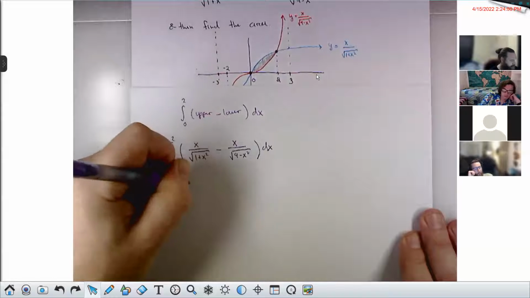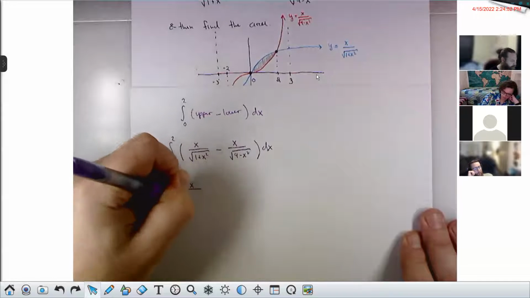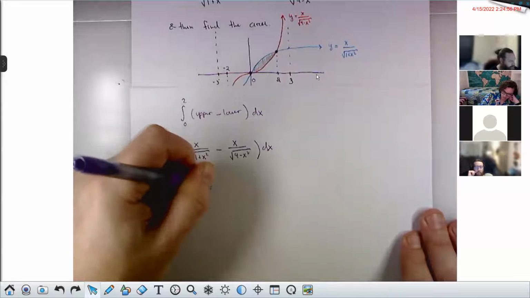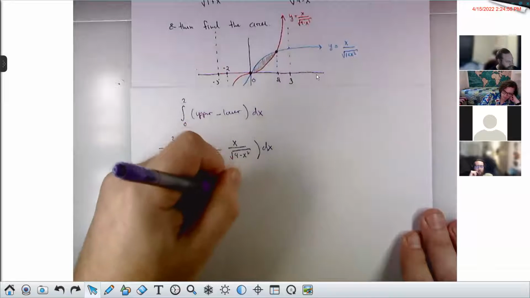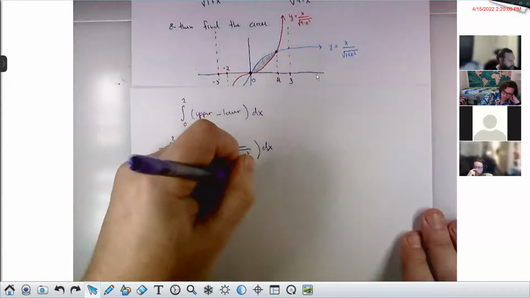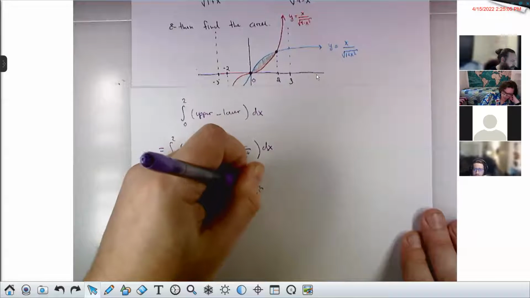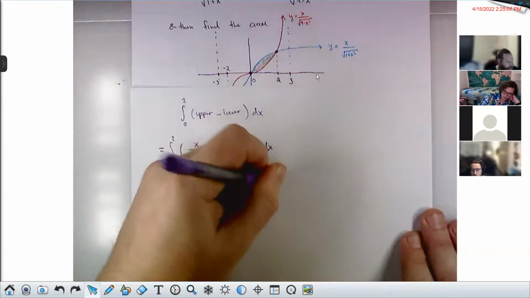So I'll handle this as the integral from 0 to 2 of x over root 1 plus x squared dx minus the integral from 0 to 2 of x over root 1 plus x squared dx.